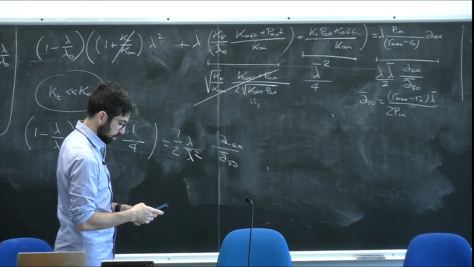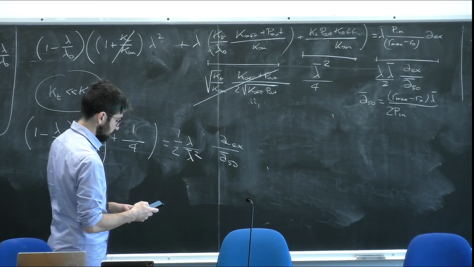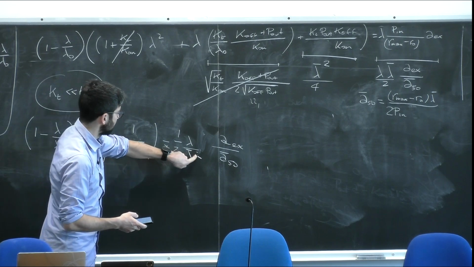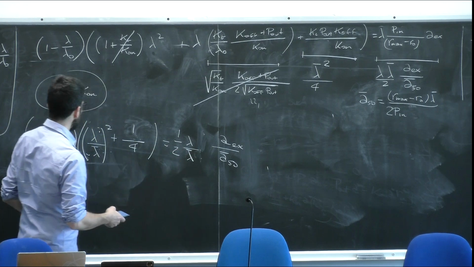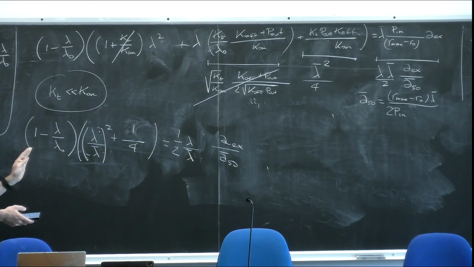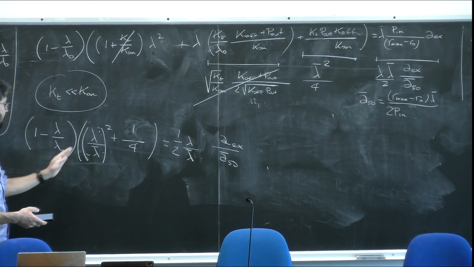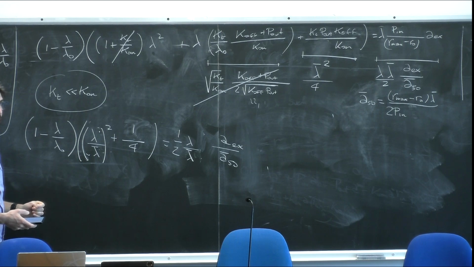Dividing both sides by lambda bar squared. Yes, so on the right hand, I should have lambda bar. Yeah, sorry, correct. Okay, so now you see that everything is adimensional, right? So that you have this ratio, this ratio, and this ratio. Okay?